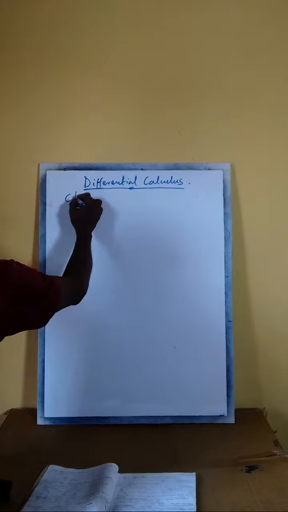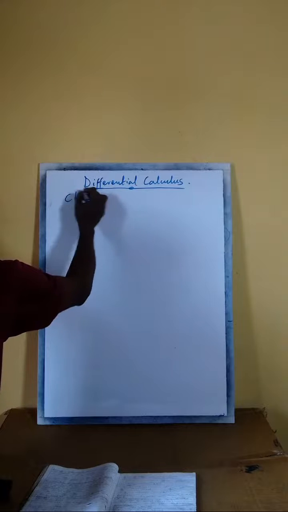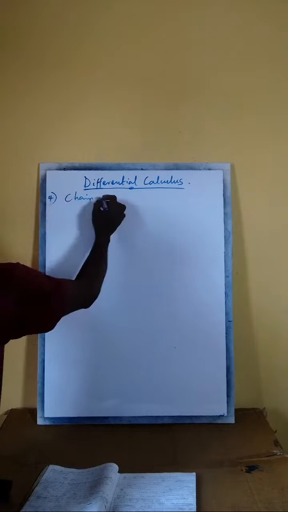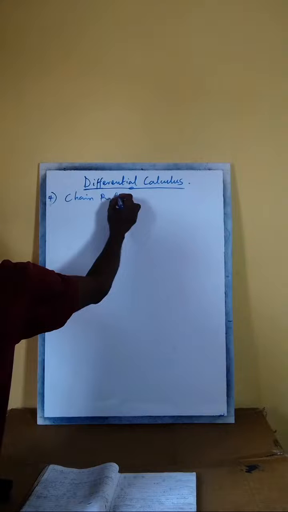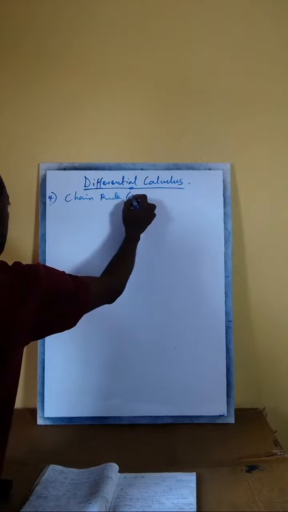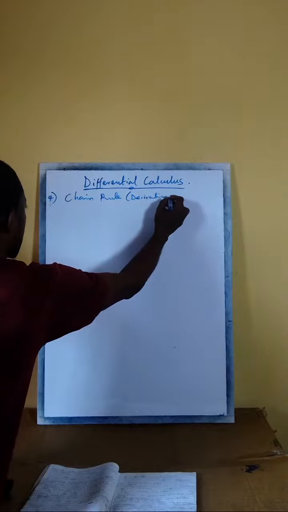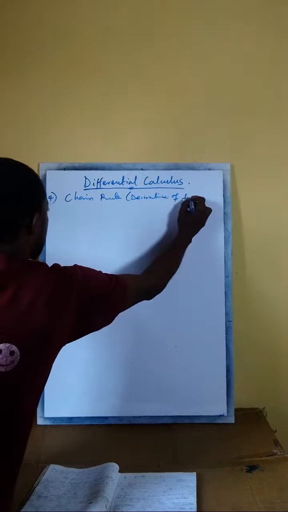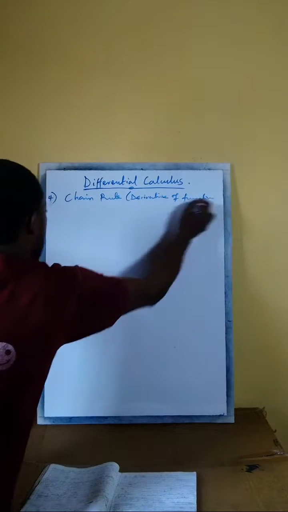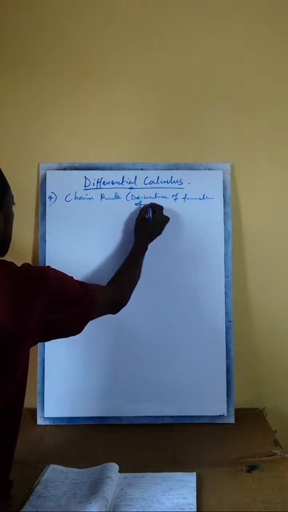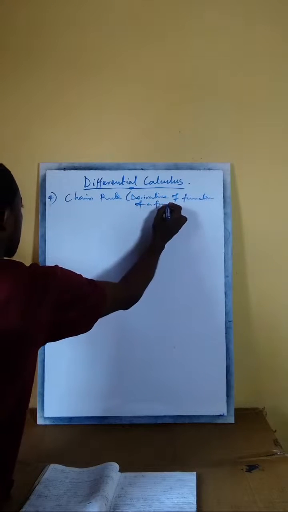From number 4 here, which is the chain rule, the derivative of a function of a function.